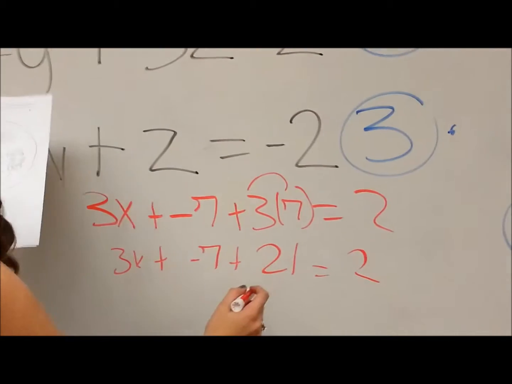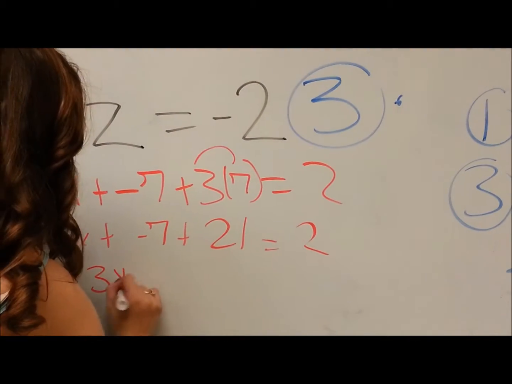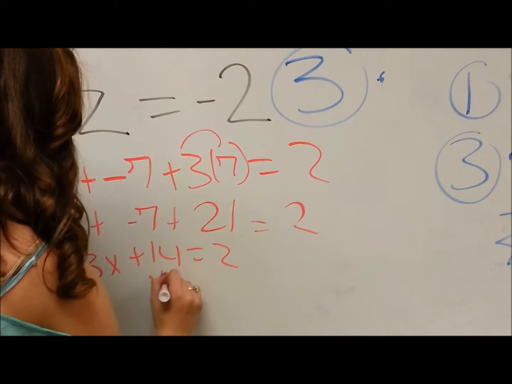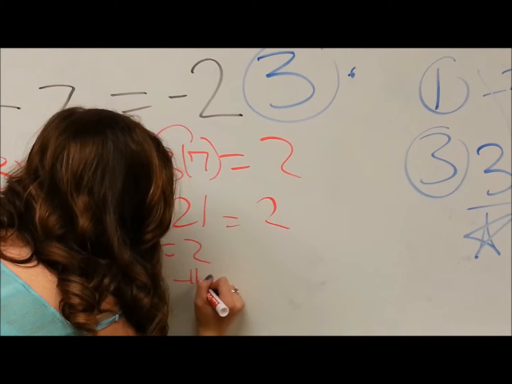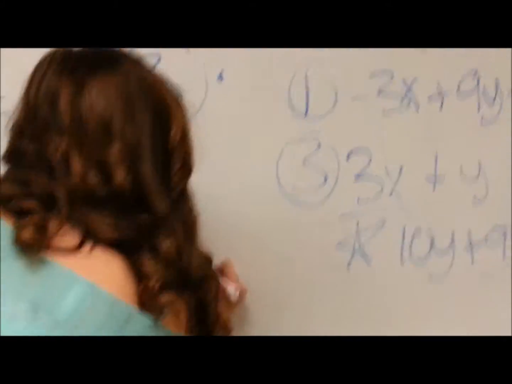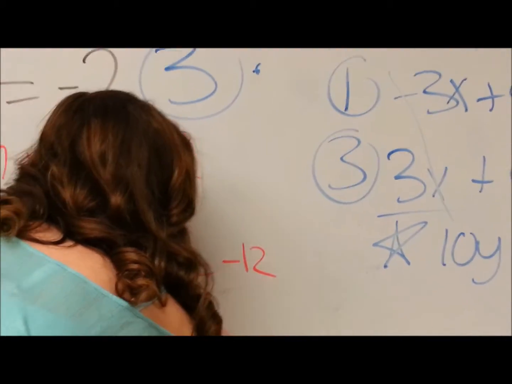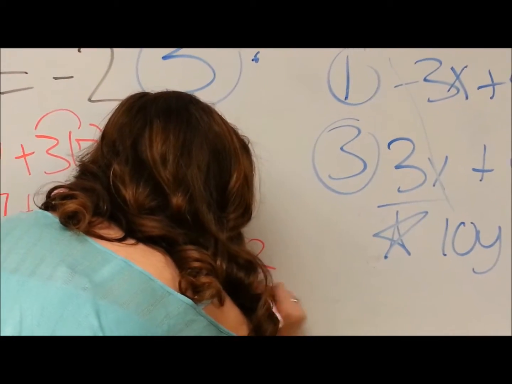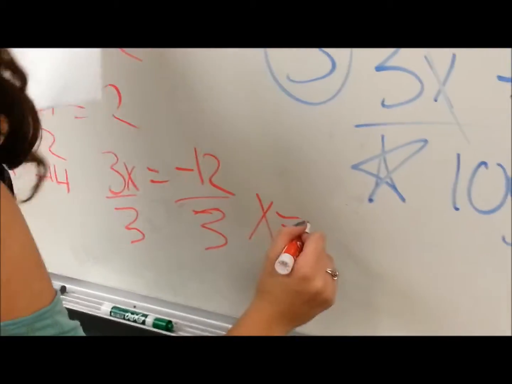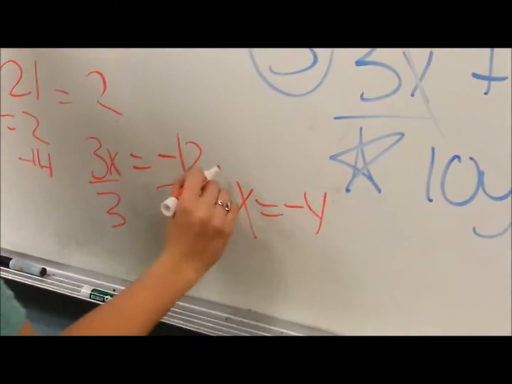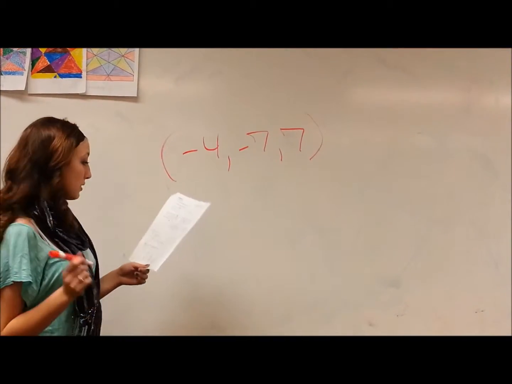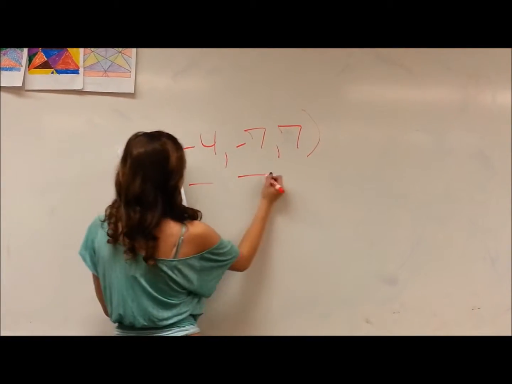You're going to combine the like terms, so it's going to be 3x plus 14 equals 2. Subtract 14. Subtract 14. 3x equals negative 12, divided by 3. Divided by 3. X is going to equal negative 4. Your final answer is going to be negative 4, negative 7, and 7.